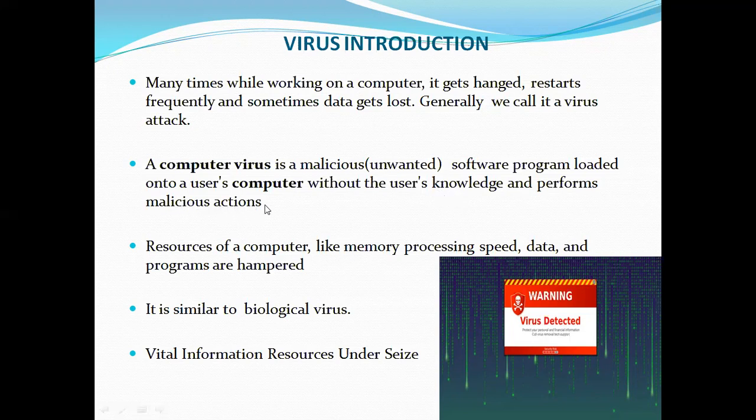In short, a computer virus is some unwanted program which we are not installing intentionally. It is getting loaded without our knowledge, and when it comes into our computer, it starts malfunctioning. It starts performing malicious actions, such kind of actions which are not as we are expecting the computer to work. So our computer is not working properly.